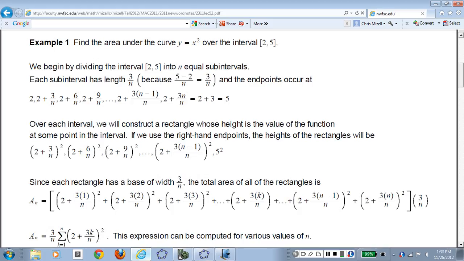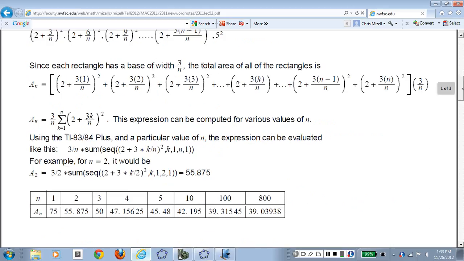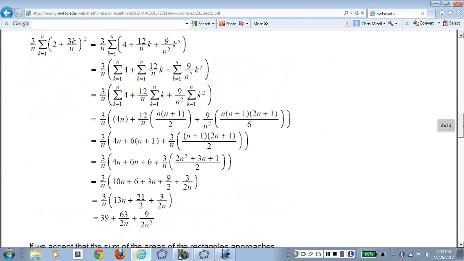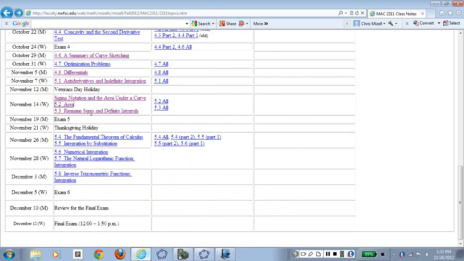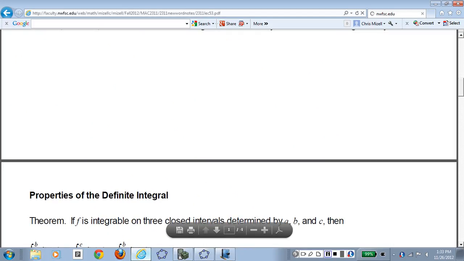These particular examples are here for your viewing pleasure, for your edification, but do not expect something on the test where I ask you to come up with an expression like this in terms of n. I'm going to be looking for you to use the calculator with the f of x, y1 of x notation, and not like one of these. So I'm going to go directly to section 5.3 after a short break.